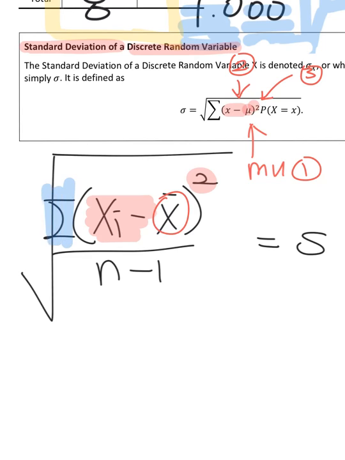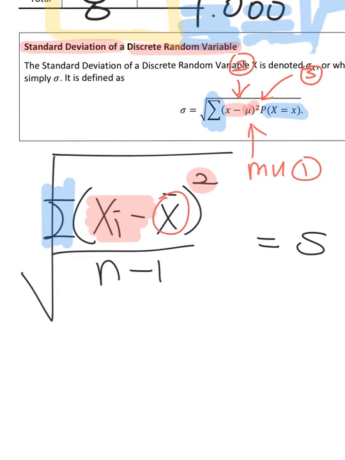It was take the sum. But now, yeah, we are going to take the sum. But before taking the sum, we multiply the probability, like as we did when we took the mean.